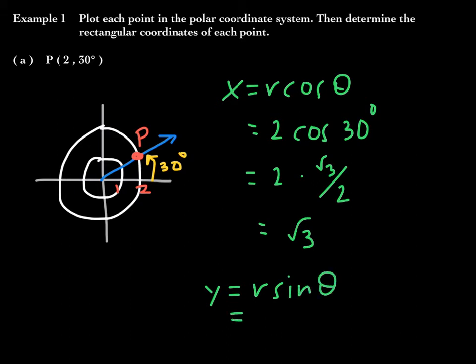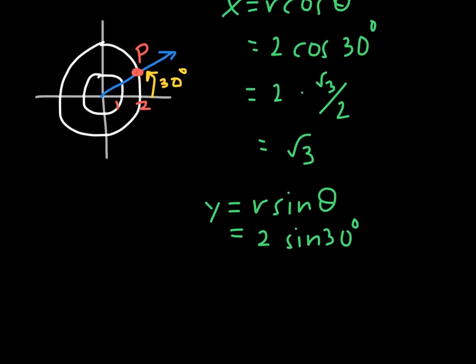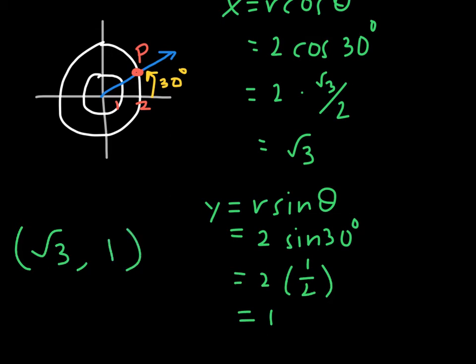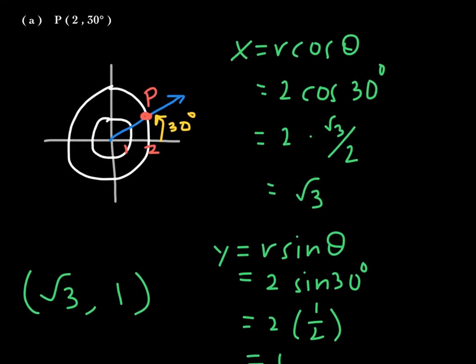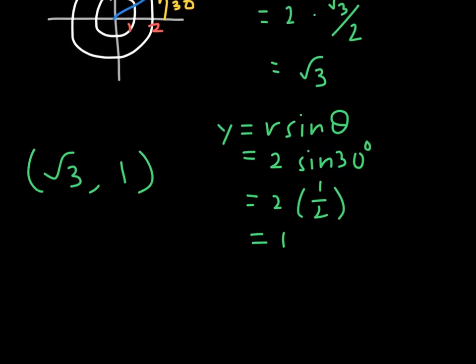So it's equal to 2 times sine of 30 degrees, which gives us 2 times 1/2, which is equal to 1. So then point P here has the coordinates root 3 comma 1. These are the rectangular coordinates for the point 2 comma 30 degrees. Cool, let's look at another example.